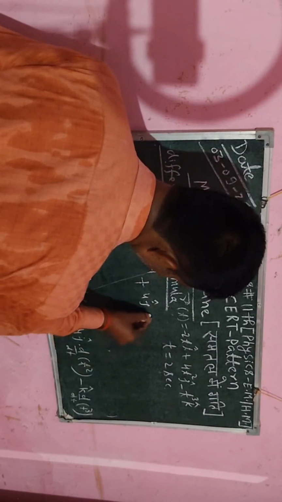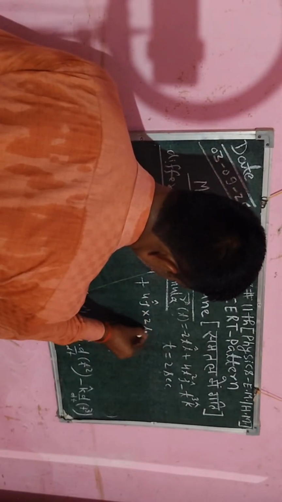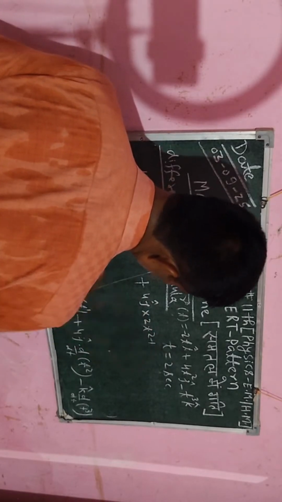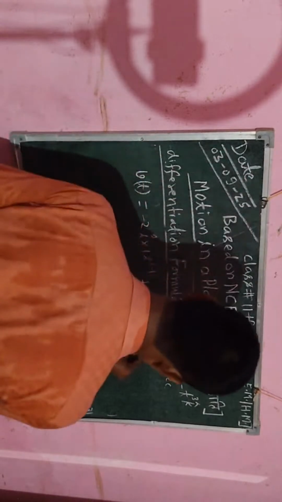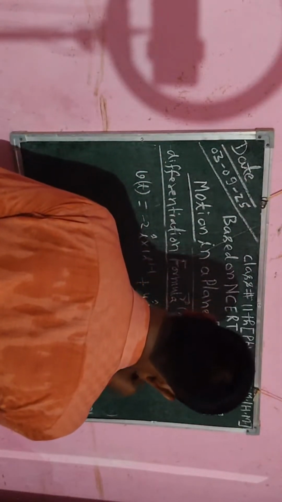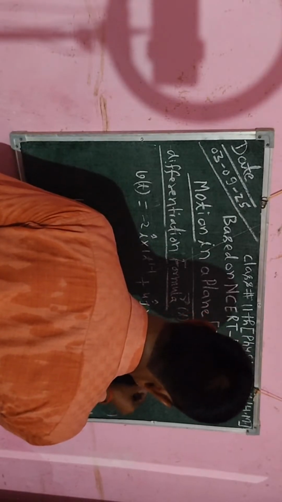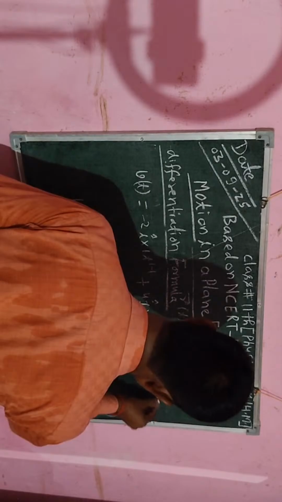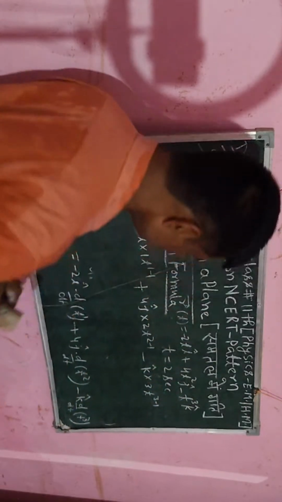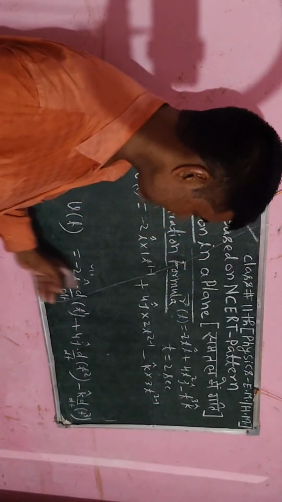Now differentiation of t square I will write 2 into t to the power. Now further, this is the vector k cap, and then 3 t to the power 3 minus 1. So differentiation of this expression I have written here.